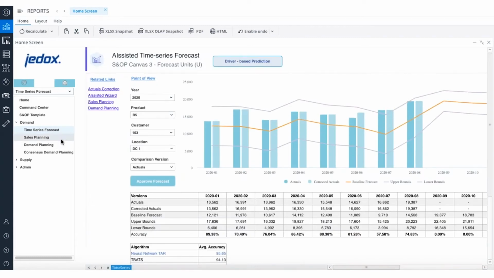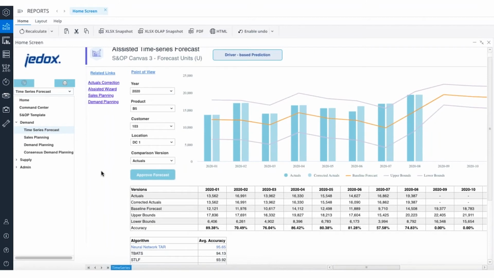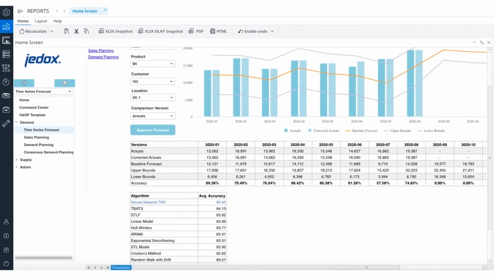Going back to our time series forecasting. As I was saying, we use time series predictive models, and we use the corrected actuals as the inputs to the statistical forecasting. The forecast engine uses multiple algorithms, right? You could see a few there in the algorithms table below.